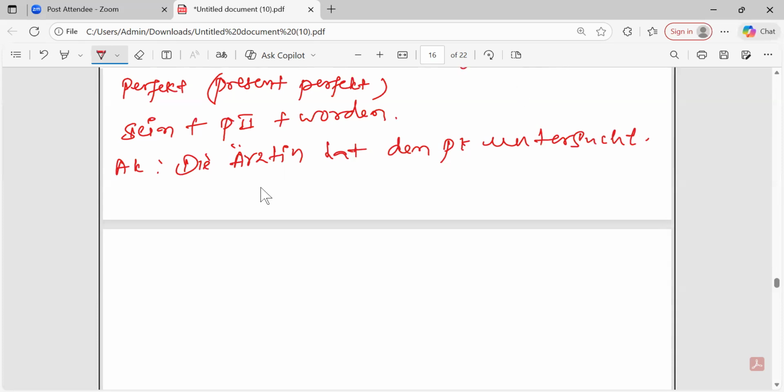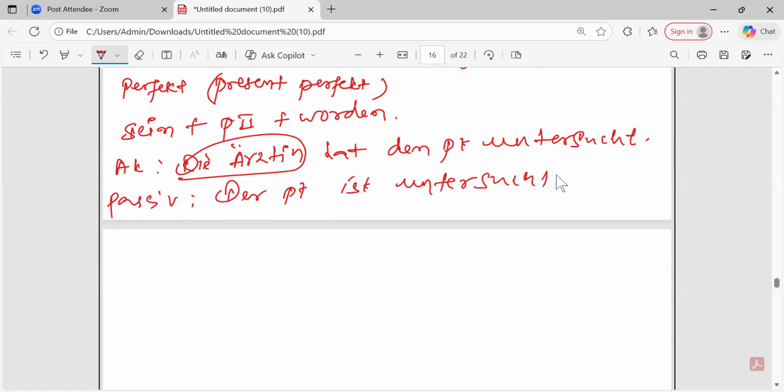So untersuchen means examine. The doctor examined the patient. So that is the active. The passive means: the patient ist untersucht worden. The patient has been examined. Only focusing on the action, not on the person. Clear?